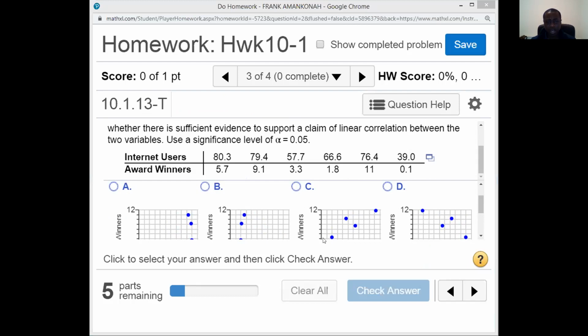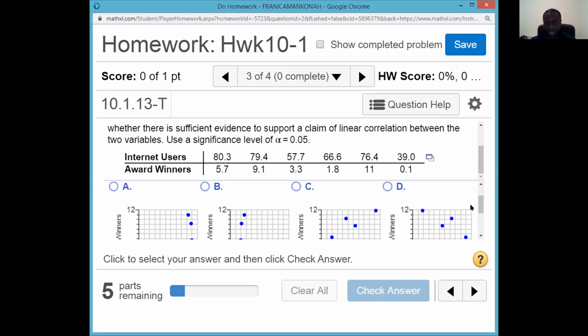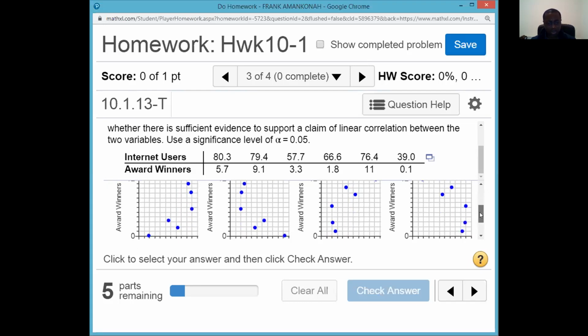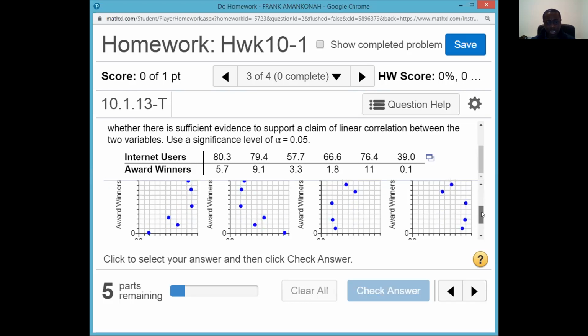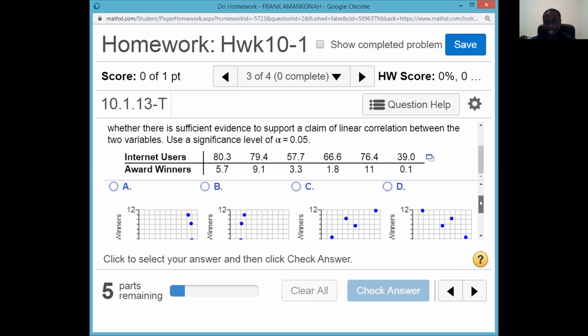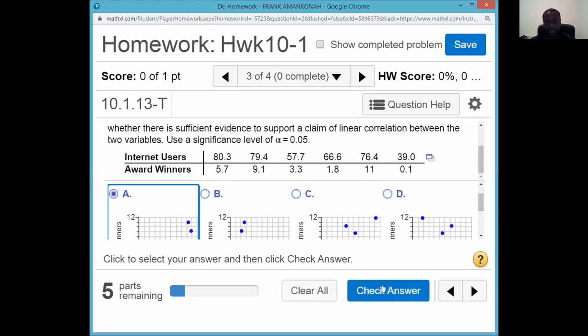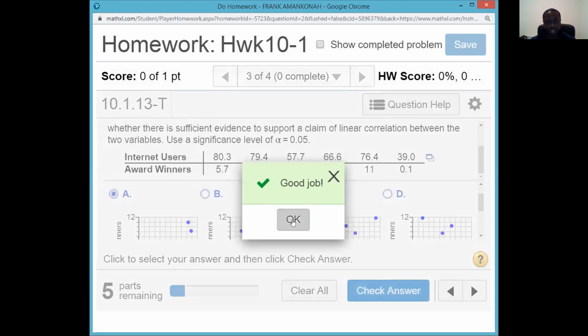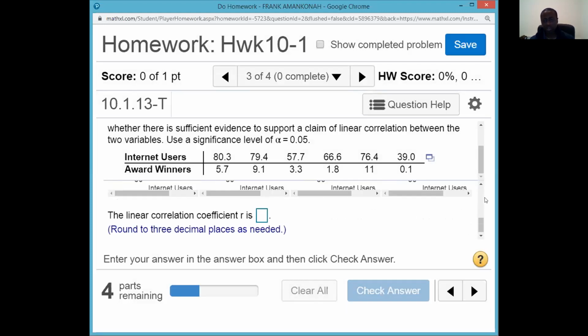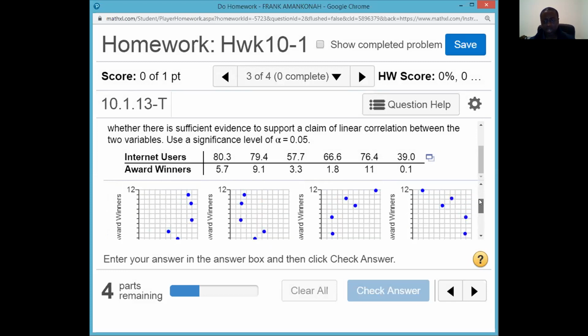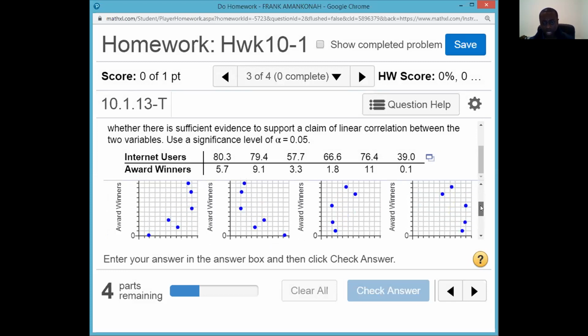That's how it is: award winners on the y-axis and internet users on the x-axis. So let's go back to our question. It looks like it is option A. So let's check that. Okay, good job. So here we want to just do the scatter plot. We'll come back to this question and complete it later when we get to the end of this section.